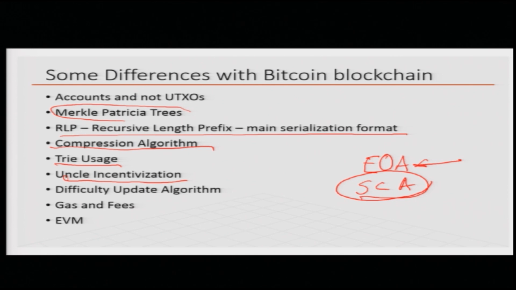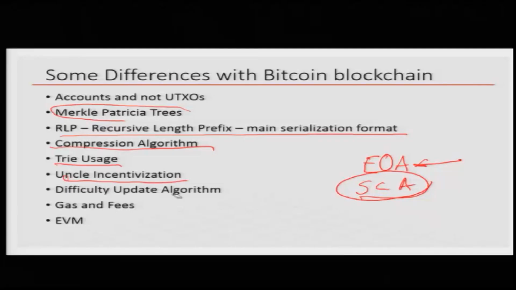Those other blocks, the uncles or grand uncles, have no meaning in Bitcoin, but here we have incentivization for uncles: if two of you are making the next block, eventually one of you becomes an uncle, and you get some Ether for becoming an uncle.